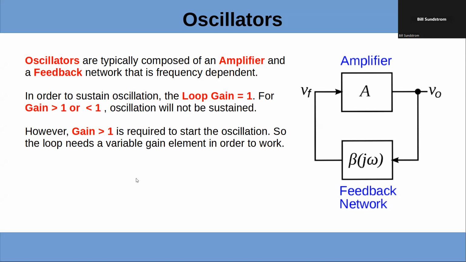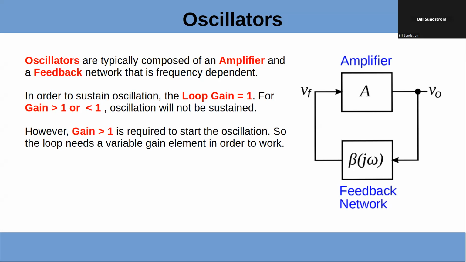Okay, to make an oscillator, there's an old saying that if you want to build an oscillator, you build an amplifier, and there's a good chance you'll have enough feedback that it'll oscillate. So all an oscillator is, is an amplifier with some positive feedback that's frequency dependent.